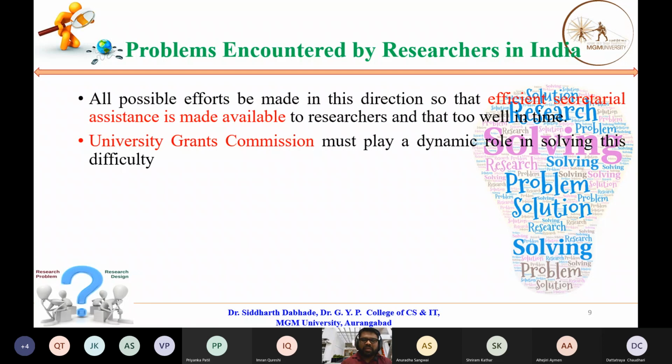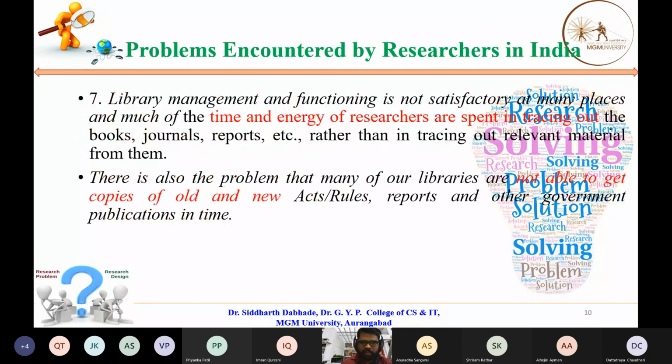So there is unnecessary delay. The University Grants Commission should play a dynamic role to solve this kind of problem.